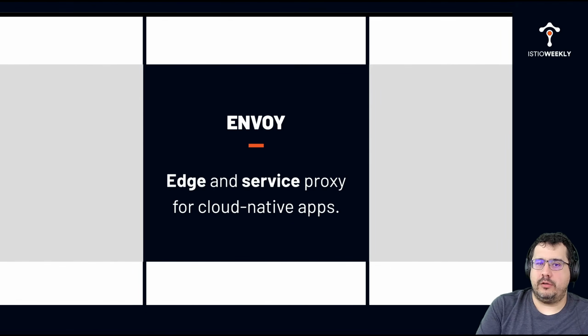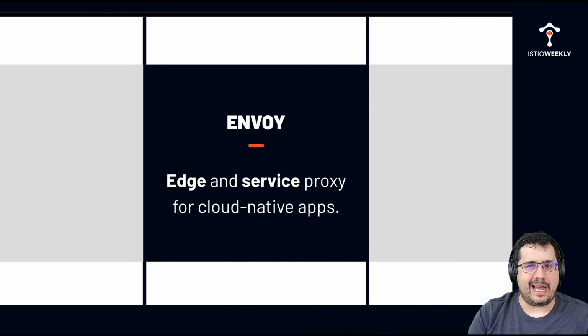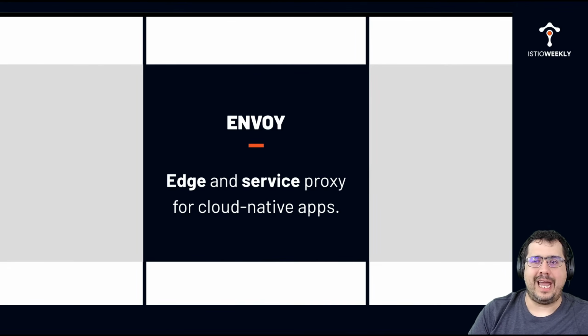So what is Envoy? If you look at envoyproxy.io, which is the website for Envoy, it'll say that Envoy is an open source edge and service proxy that was designed for cloud native applications. The proxy was originally built at Lyft, and it's written in C++, and it was designed for services and applications, as well as a universal data plane for large microservice service mesh architecture, which in this case is Istio.